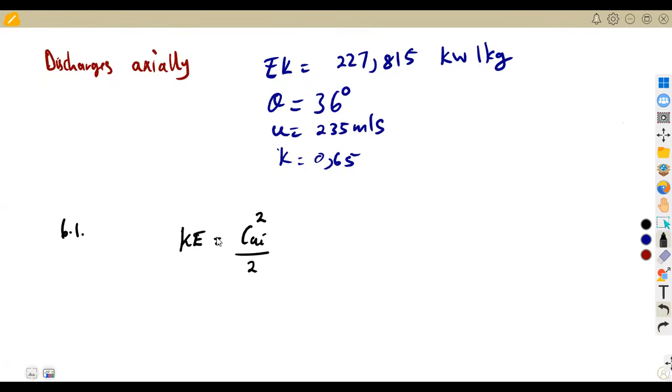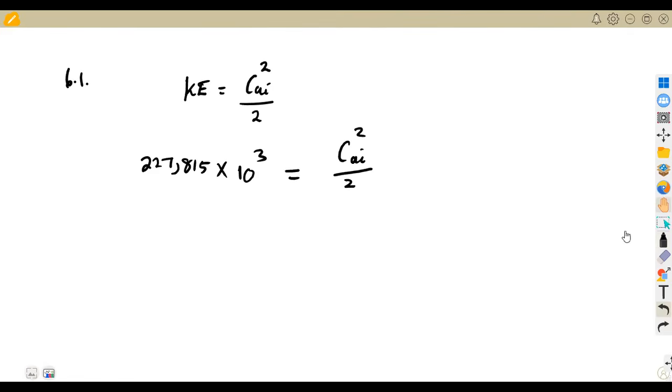So it was just a matter of substituting what you're given. We have the kinetic energy, 227.815 kilowatts, times 10 to the exponent of 3, which is equal to the velocity squared over 2. So we can calculate our inlet velocity.